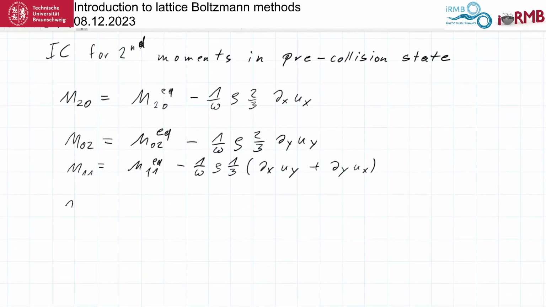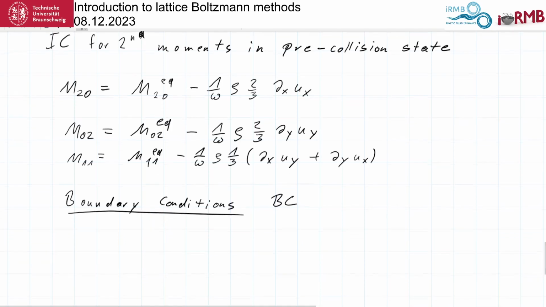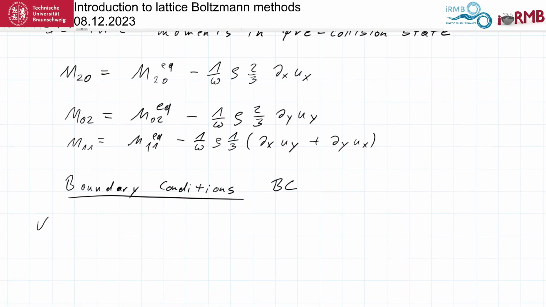So this brings us to the boundary conditions, which we'll call BC. And here again, it's very similar to the initial condition in that we have the problem that the Navier-Stokes boundary conditions cannot be used directly.